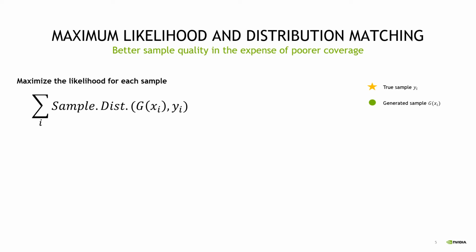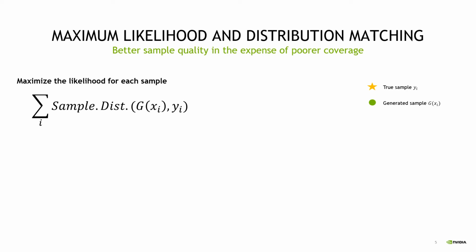So let's say G is our generator. It converts the input Xi to a fake image G of Xi. And let's say Yi is the ground truth. And let's say we have a way to measure the distance between the generated image and the ground truth image.